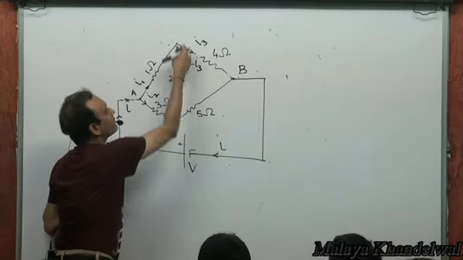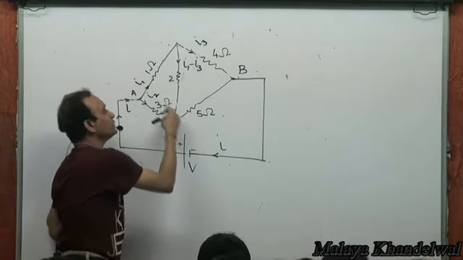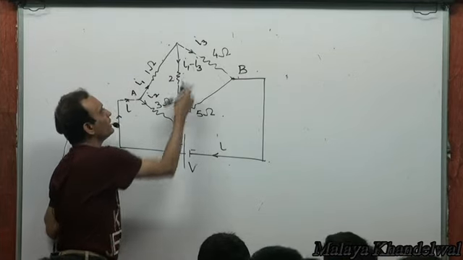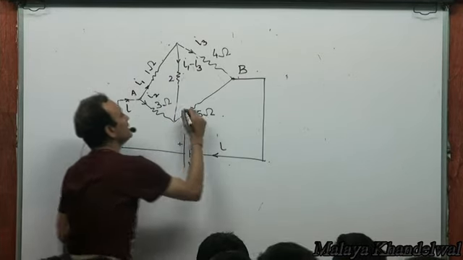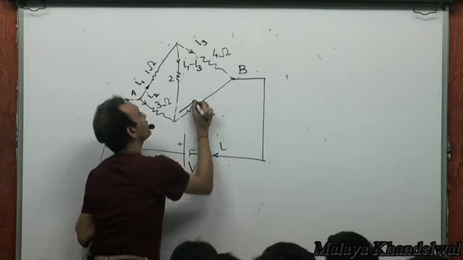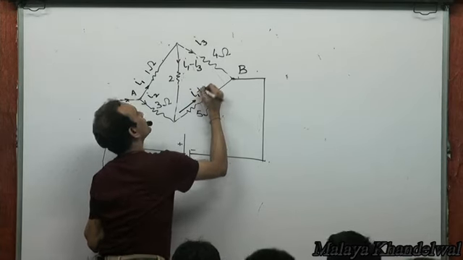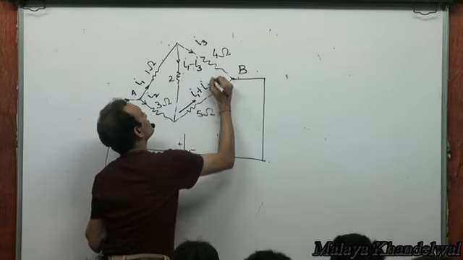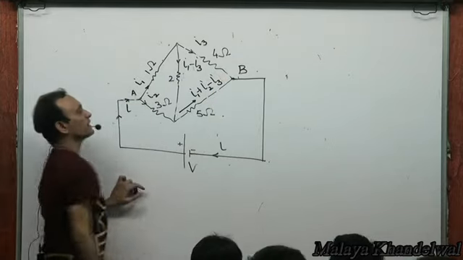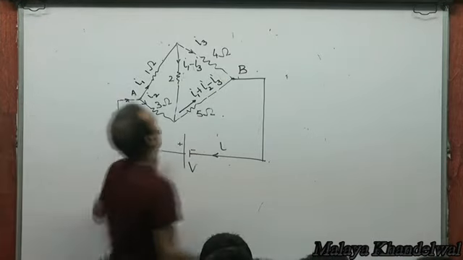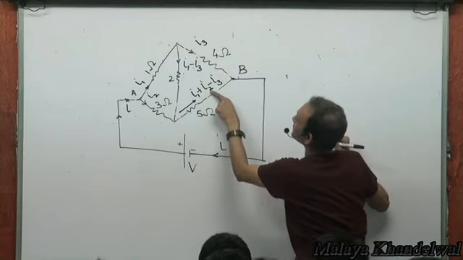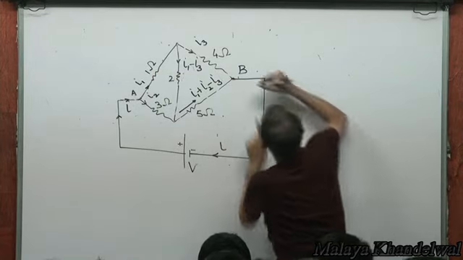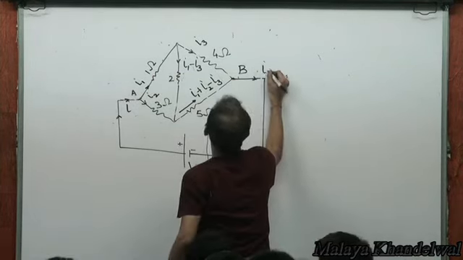So I1 minus I3 coming in here, I2 coming in here. What's the total current coming in? I1 plus I2 minus I3, and that must be the total current leaving. Now I3 comes here, I1 plus I2 minus I3 comes here, so what leaves is I1 plus I2.